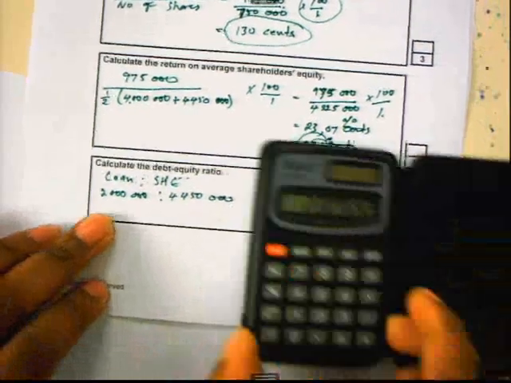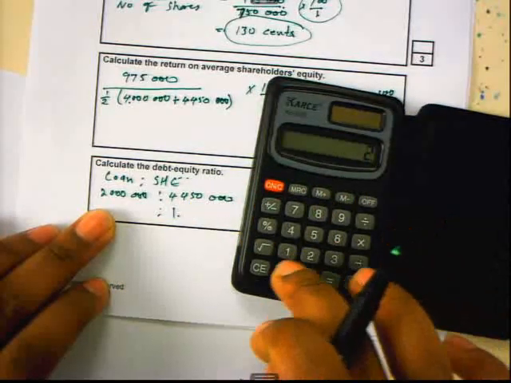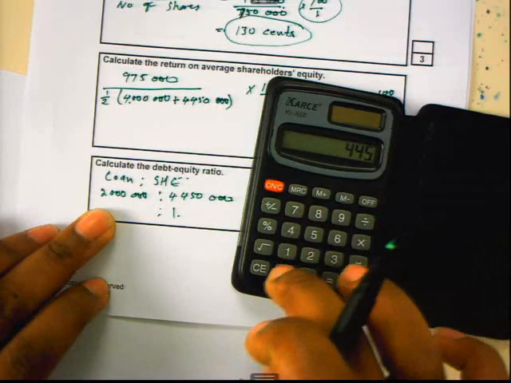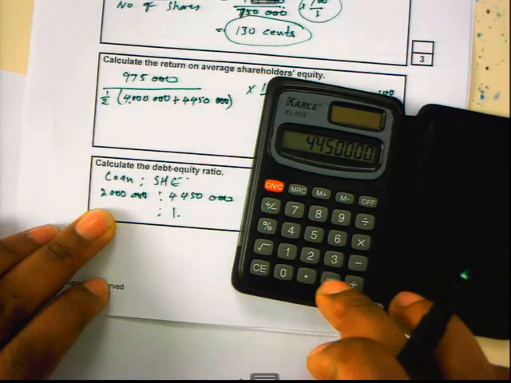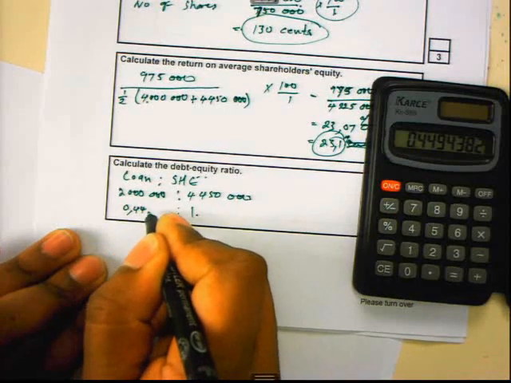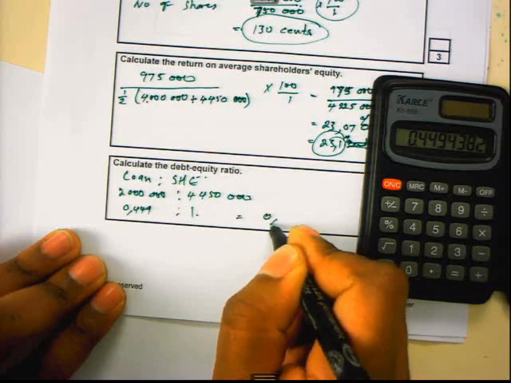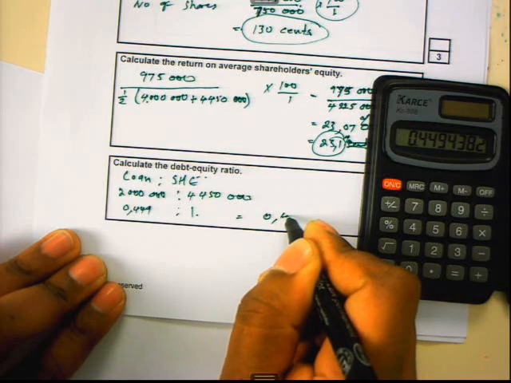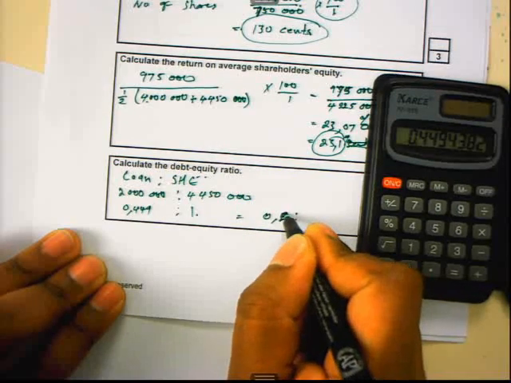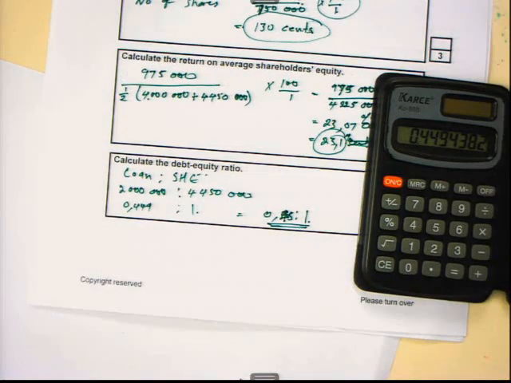And then you simply say, it's always is to 1. You simply say 2 million divided by 4,450,000. 0.449. You can say it is 0.5 if you want, or 0.45. 0.45 is to 1.